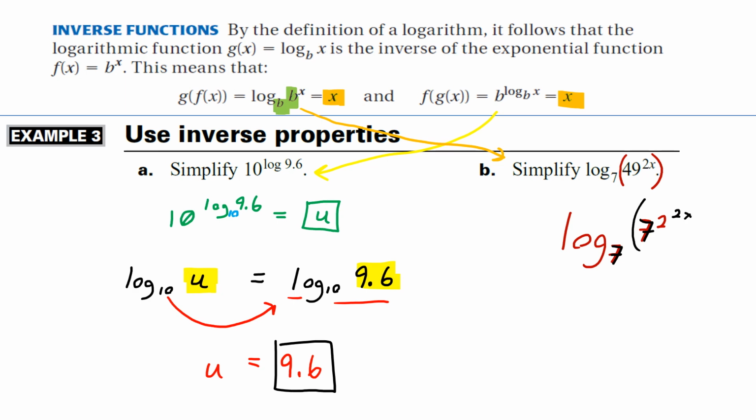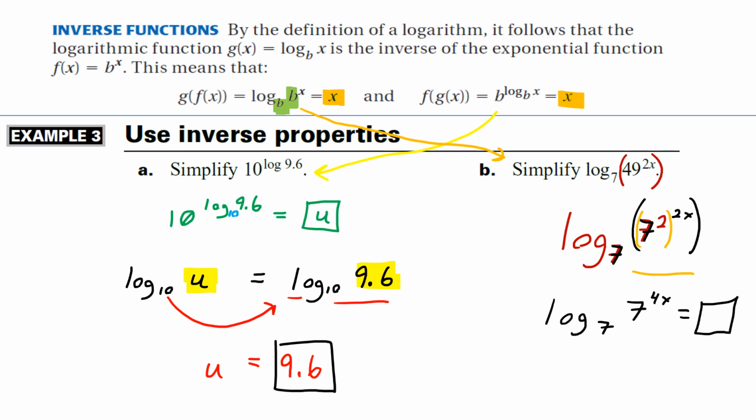All right, let's add some parentheses to make it a little bit easier. We can simplify what's in here, because we have a power raised to an exponent, so we keep the base and we multiply the exponents. So now we have log base 7 of 7 to the 4x power, and all that is going to equal something.